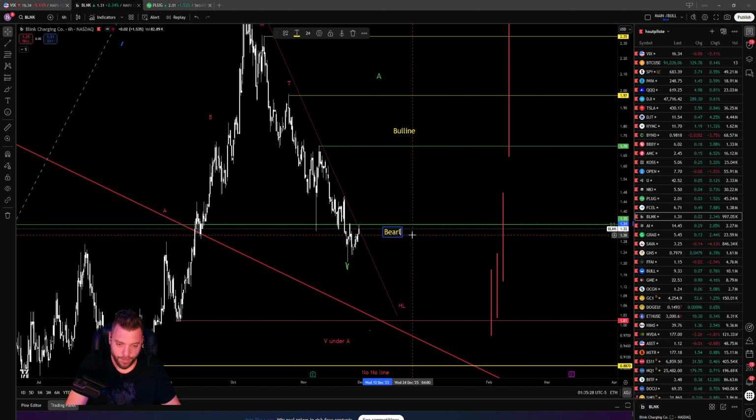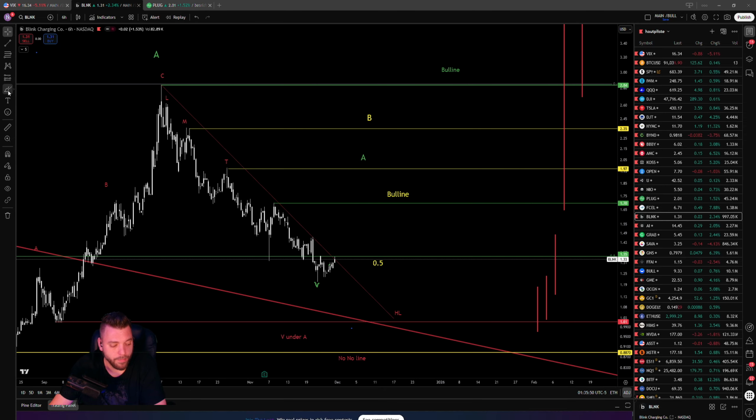So this could be already our V. In that case, and that's the interesting part, this could be already our higher low. It's tiny, but still. So in that case, BLNK is finished.